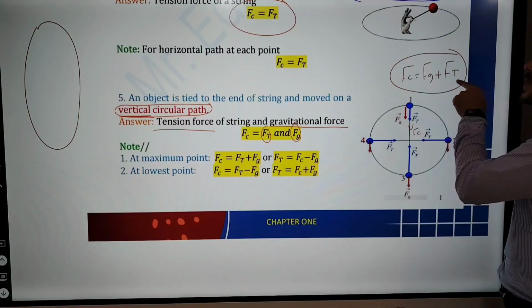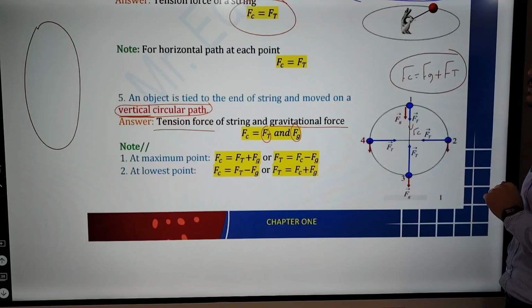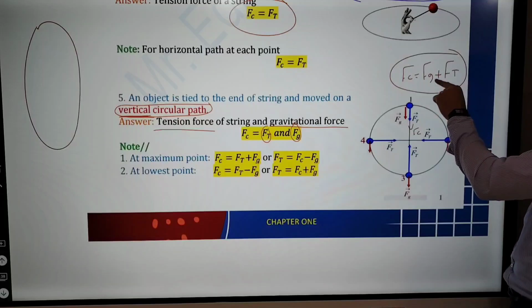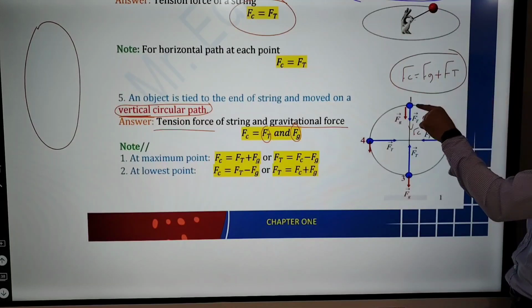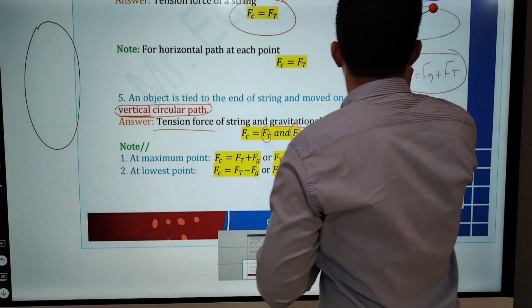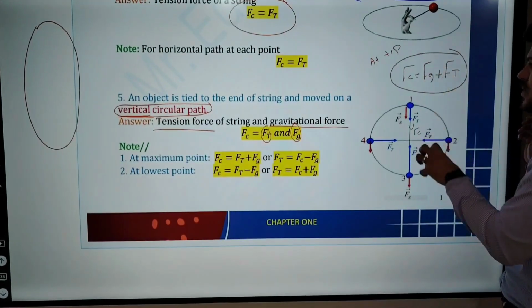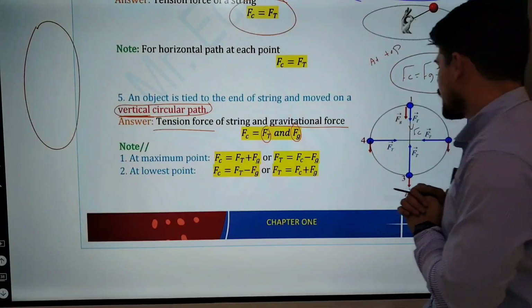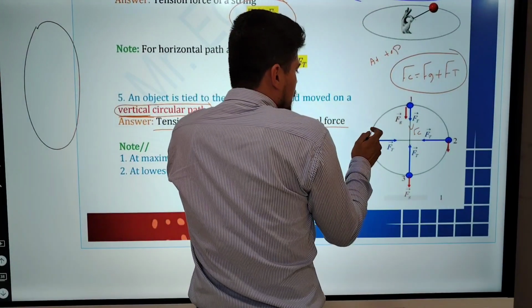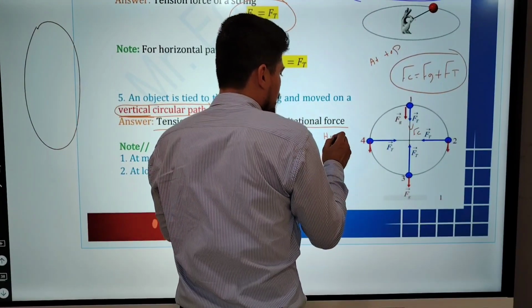Why? Because sometimes more than one force provides the centripetal force, as you can see in this case. At the top, how many forces provide the centripetal force? Two forces. At the top, be careful. FG gravitational force and FT. Okay, so what about at horizontal? This point is horizontal.